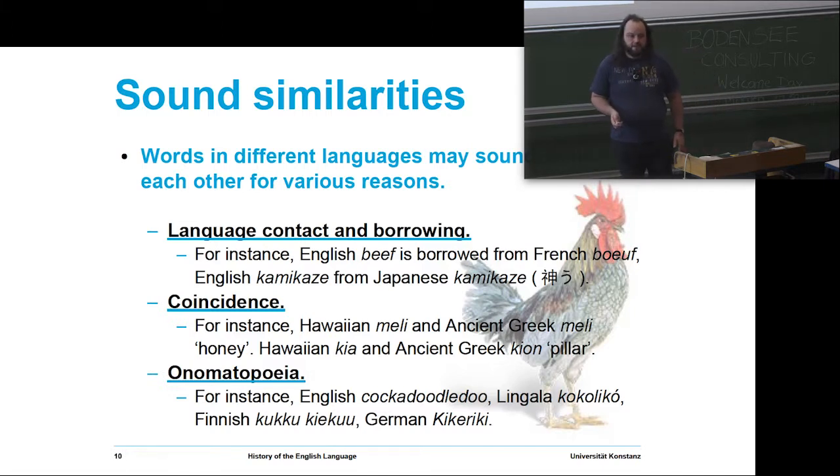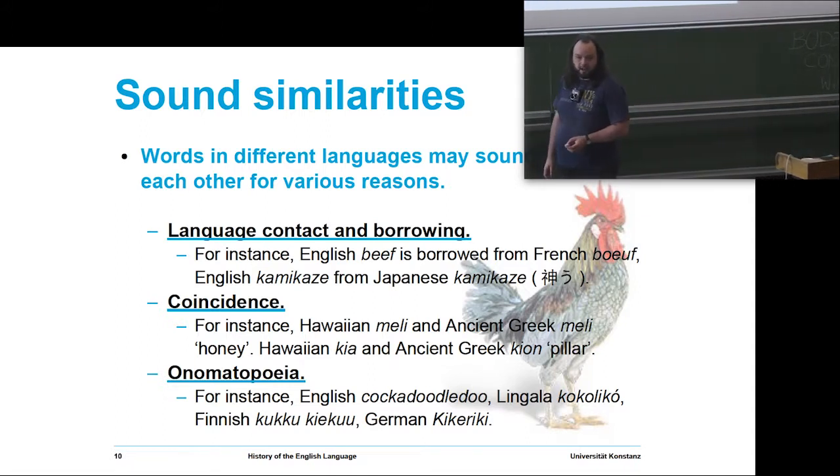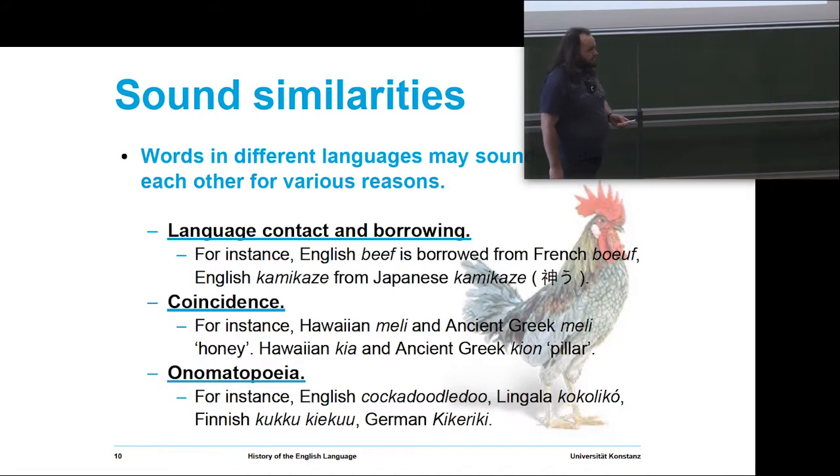English borrows many, many words. English borrows words like kamikaze. English borrows words like alcohol. English borrows the Arabic word alcohol. It borrows words from all over the place, and this is something that, as we saw last time, English is very notorious for.